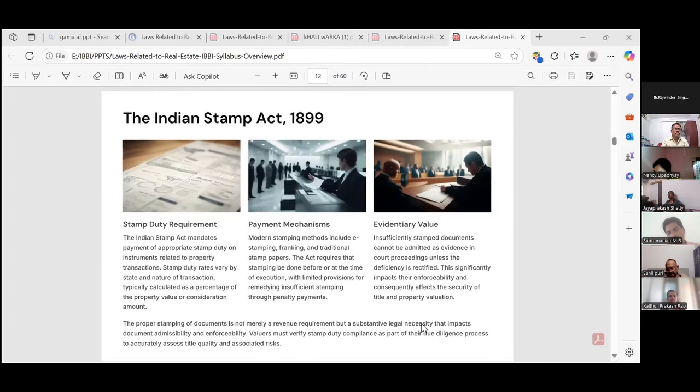Then next is the Indian Stamp Act 1908. You must remember and learn this act, though it is not in your syllabus, because it is an important act from the valuation point of view.